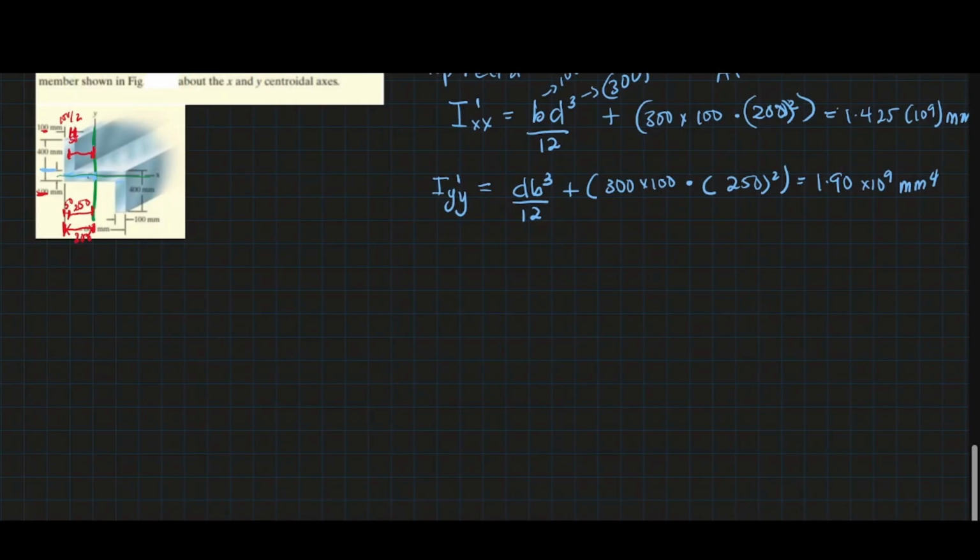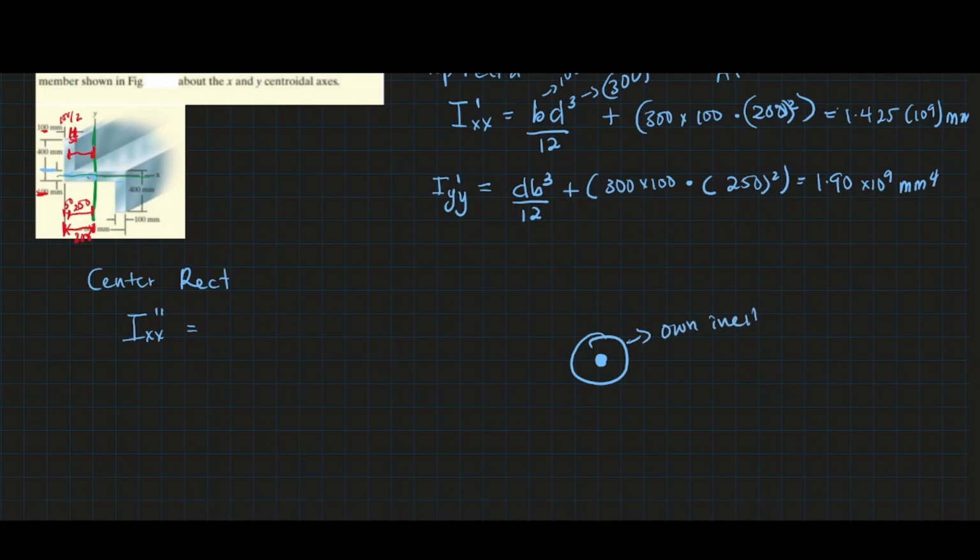Next, for the center rectangle, we're going to find the inertia in the x-axis, which is going to be its own inertia, which is going to be much simpler. So remember what I said: if the center of gravity of the mass and the reference axis for the moment of inertia are at the same point, it's only the inertia of the mass itself that will be calculated.